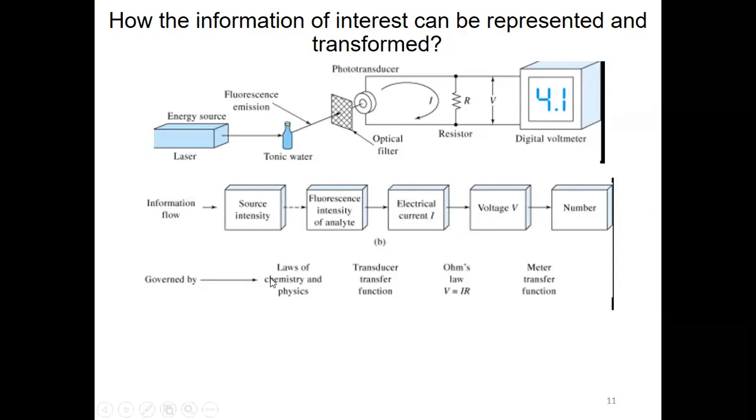So here, what are the data domains involved? First, it has the fluorescence, then it undergoes current and voltage, again a number. Can anybody tell me what are the types of domain? I'm asking whether it's electrical or non-electrical.